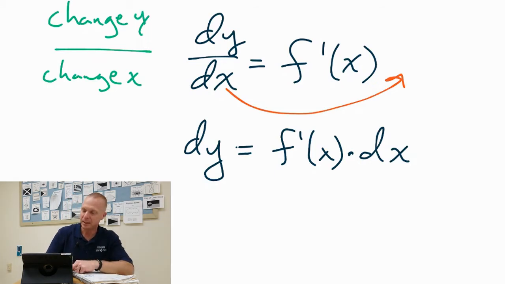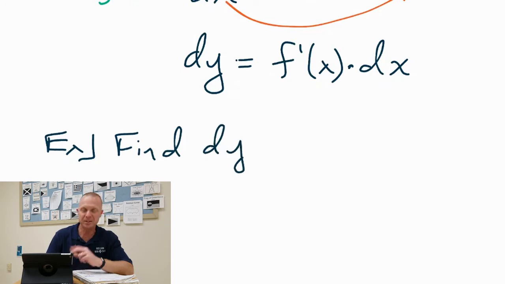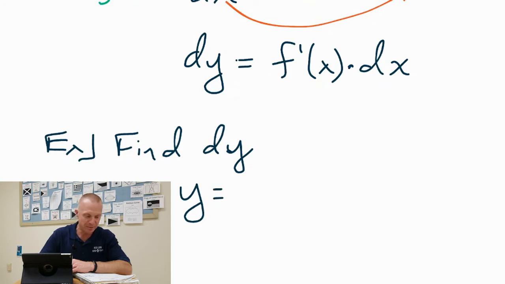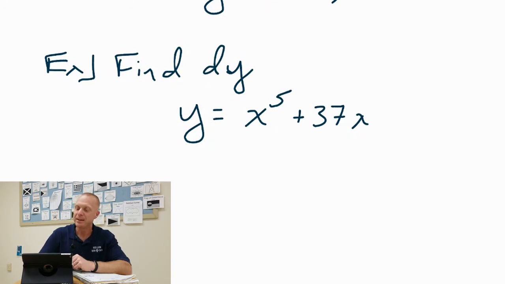What does this mean? Well, if I ask you to find dy, that is the differential, then I could use this formula where I take the derivative of a function, how about of x to the fifth plus 37x. Now, when I take that derivative as a differential, meaning that I just determine dy, it's going to equal f prime.